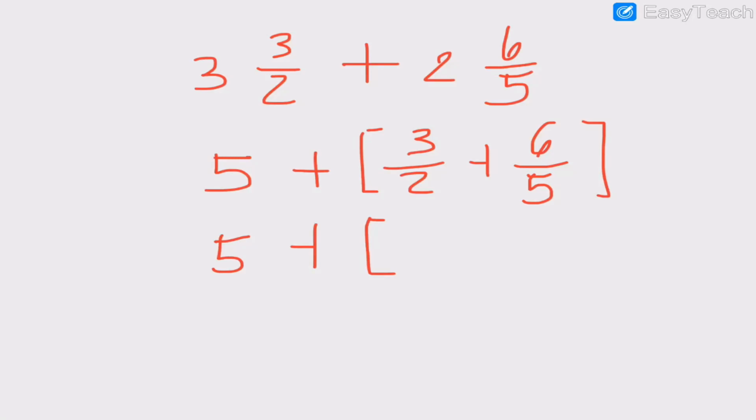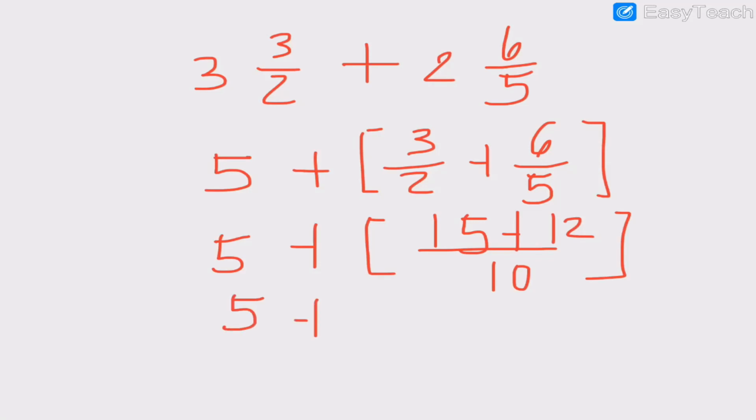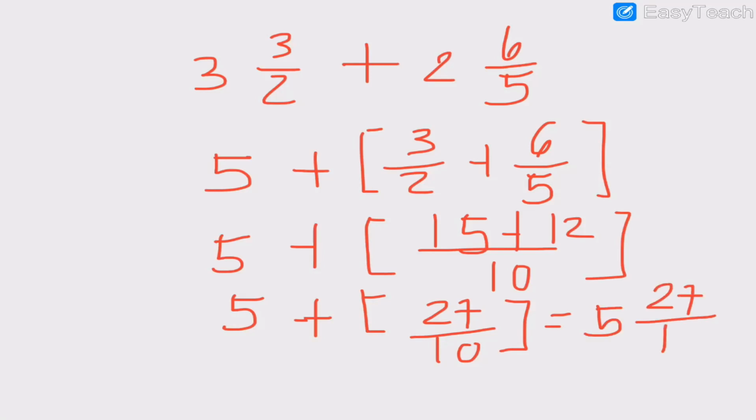So the same procedure applies from the previous examples. So cross multiply. First is 3 times 5, that would be 15, plus 6 times 2, that would be 12, over 2 times 5, that would be 10. 5 plus 27 over 10. Therefore the final answer is 5 and 27 over 10.